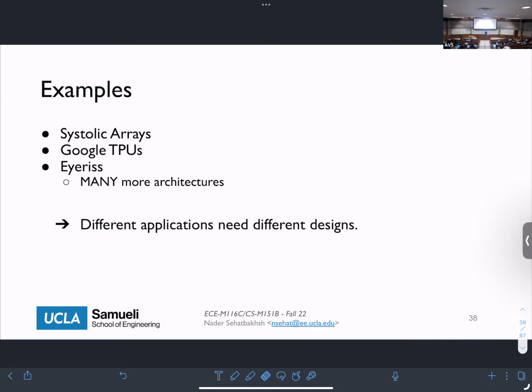Eyeriss itself has version 2 and version 3 and version 4 and so on. So different applications, different needs, and also it's a trade-off between power and performance. If you want to add more processing elements, you can, but it means that you're going to consume more power. Okay? Any questions?